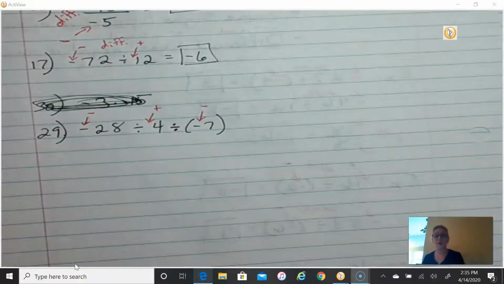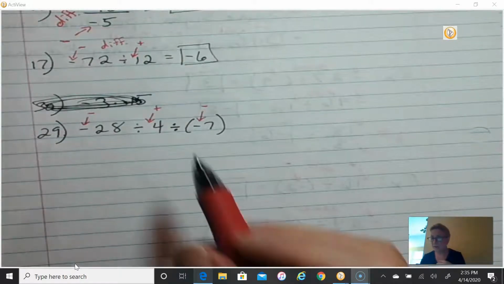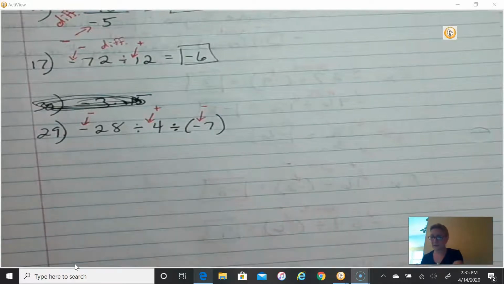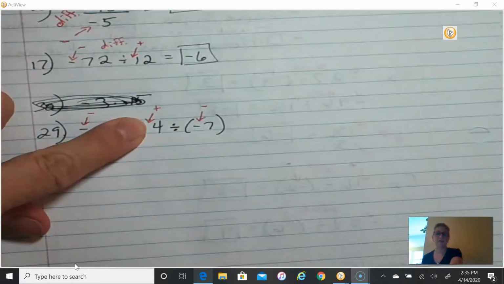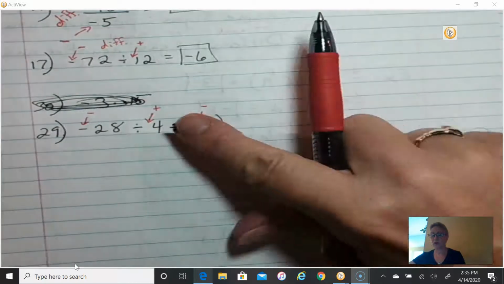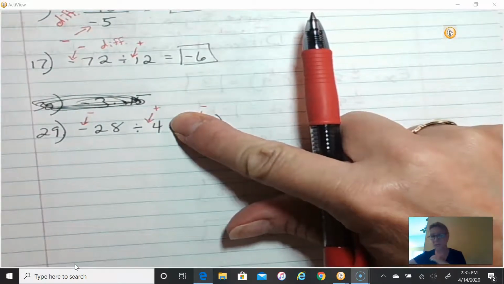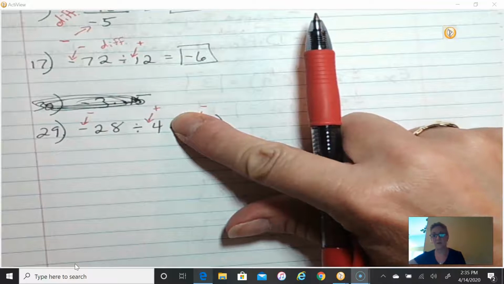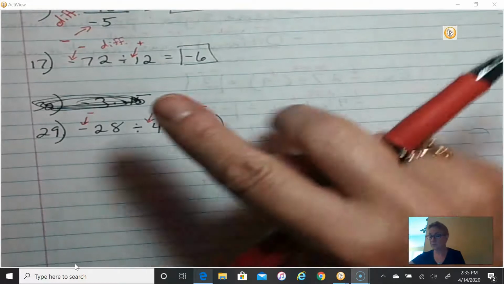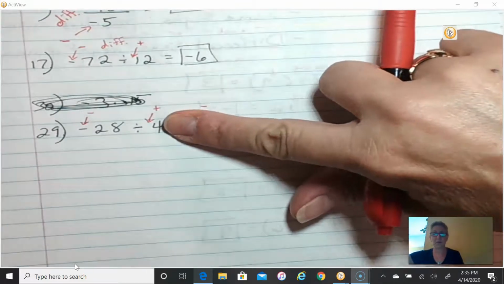We work left to right. I know some of you are like, well, they're both division. Can you do 4 divided by, no. You work left to right. I don't care if it's all division, if it's all multiplication, you work left to right. So we're going to start with those two right there.